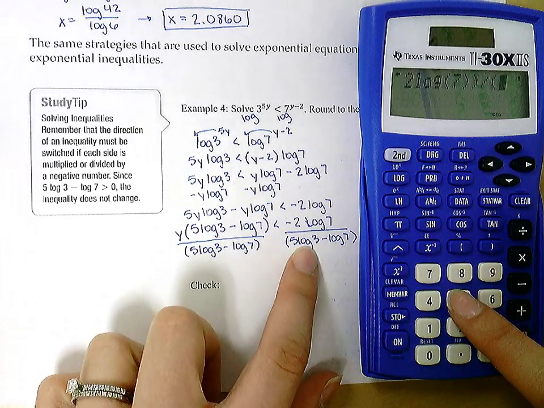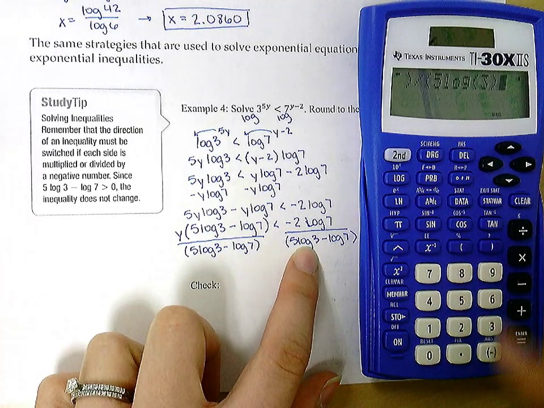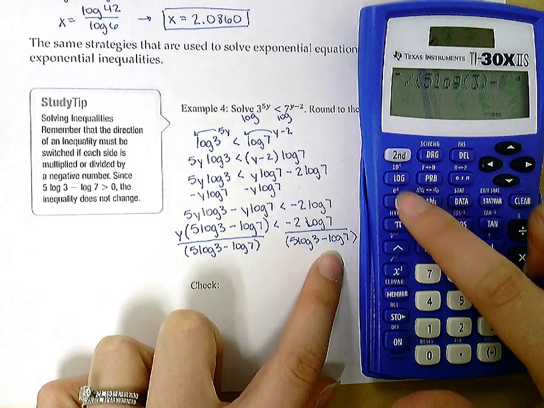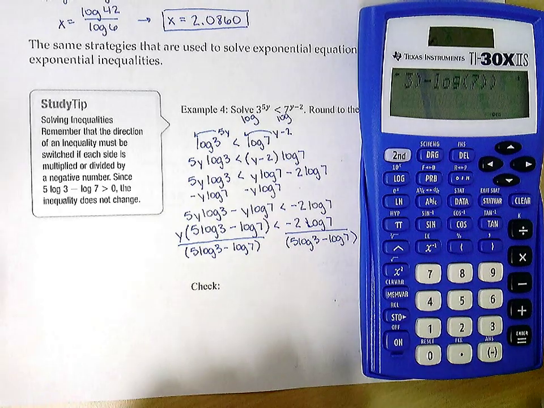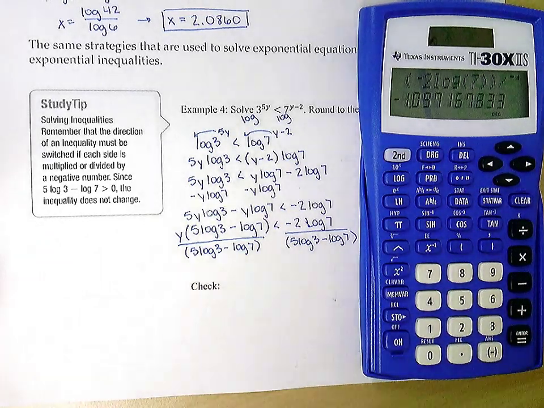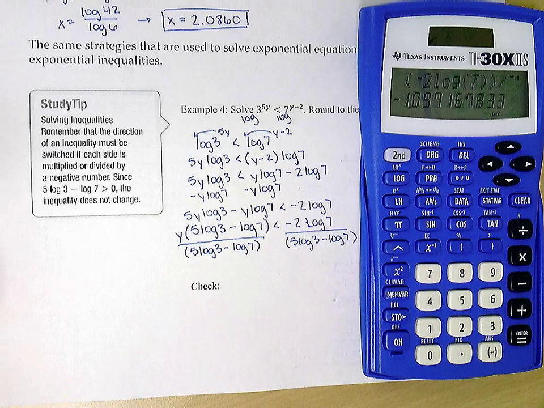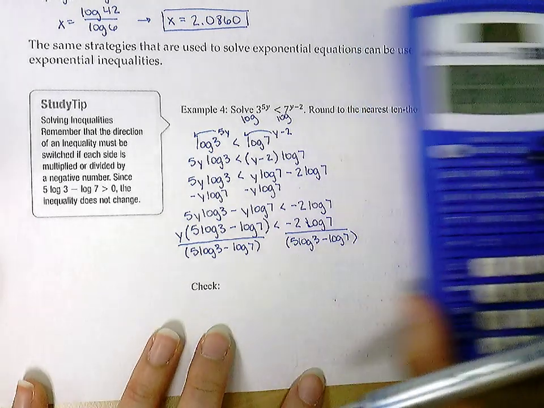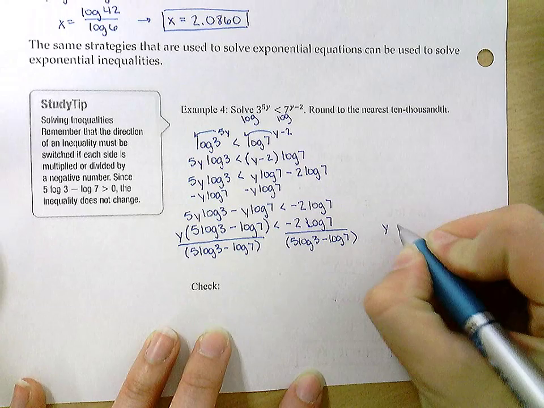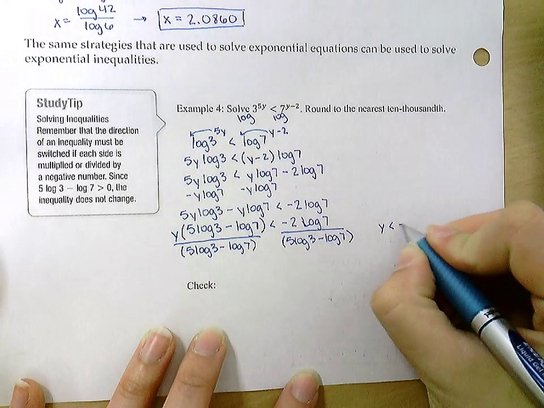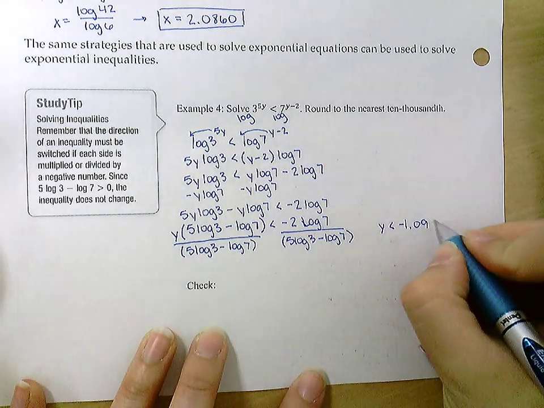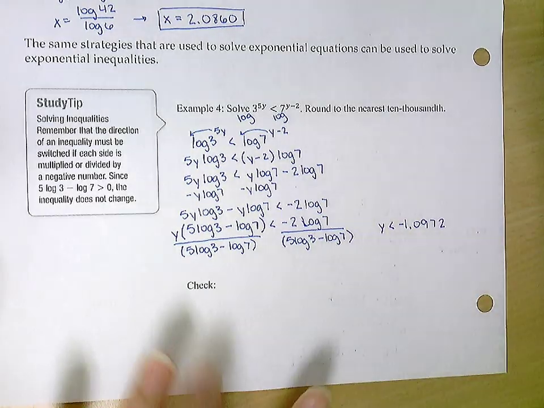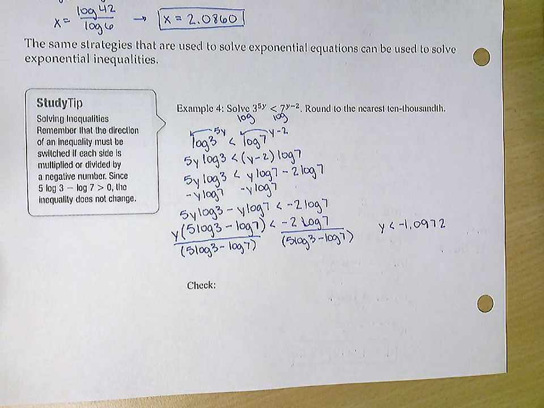It would be 5 log of 3 minus log of 7, and then I can press equals. You should get y is less than negative 1.0972.